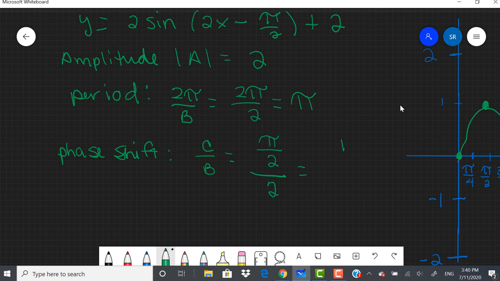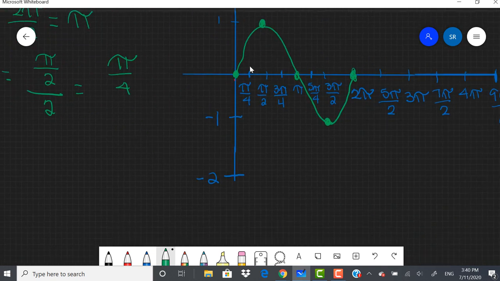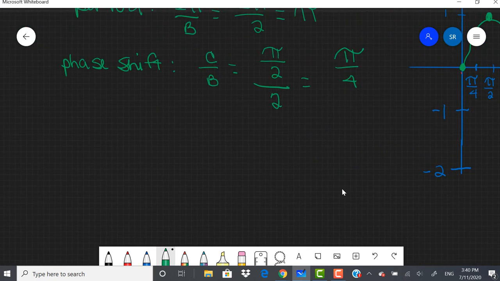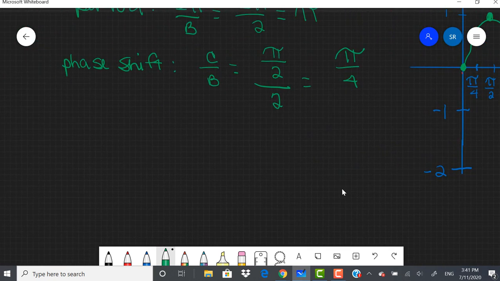So my phase shift is going to be pi over 4. 2 times 2 is 4. So instead of starting at 0, I'm going to start here at pi over 4. So that's going to change the dynamic of my 5 points, right?